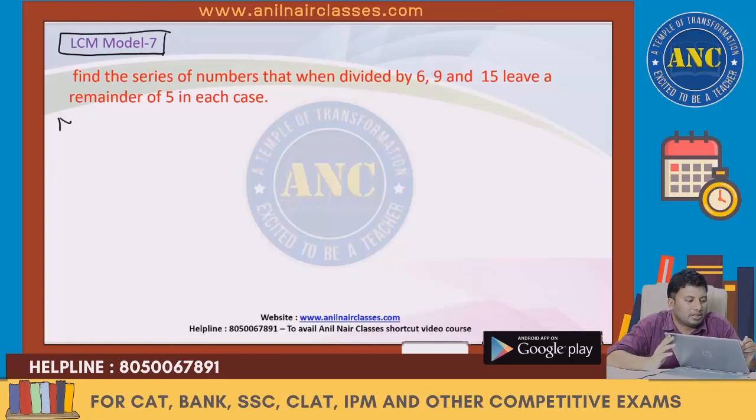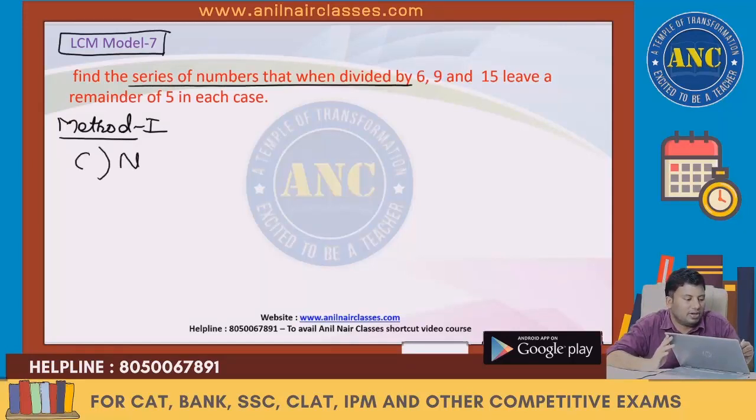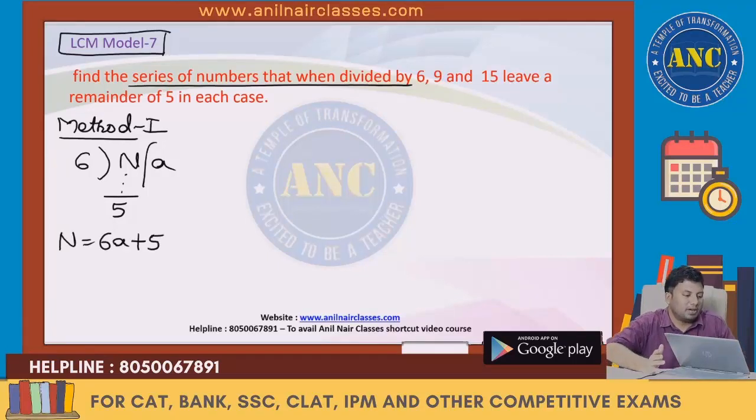Now see here, method 1. Then I will do method 2. Method 1. Find the series of numbers. There is a number when you divide by 6, remainder is 5. N is nothing but 6a plus 5. There is a number when you divide by 9, remainder is 5.